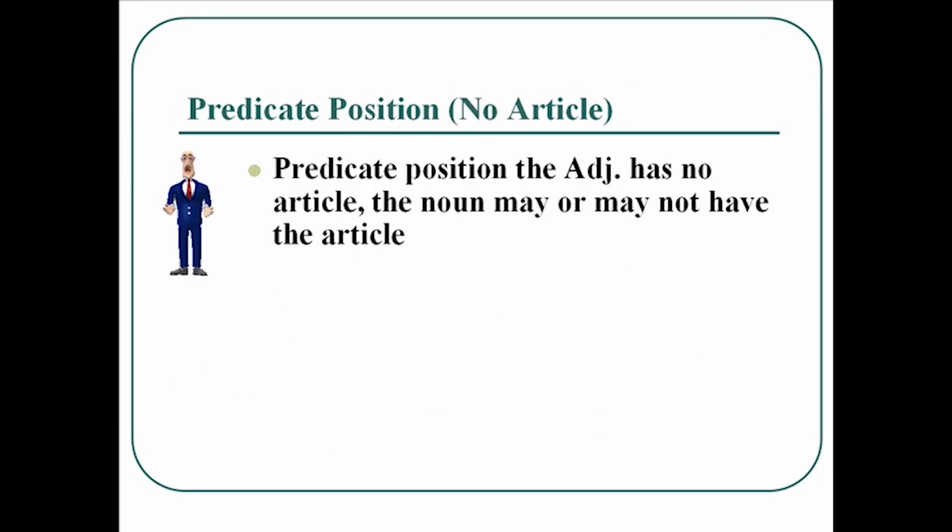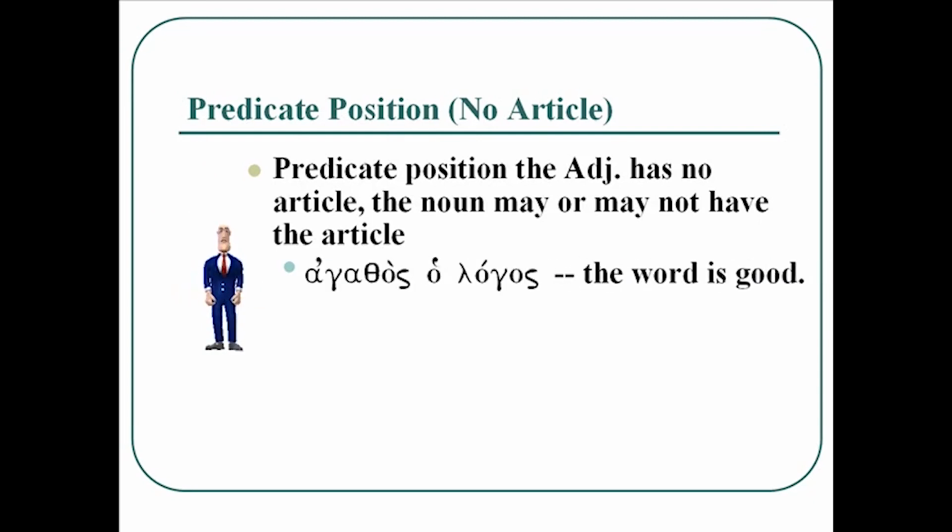Now, the predicate position for the adjective has no article. The noun may or may not have the article. So, for example, you've got agathos ho logos, the word is good. Predicate position is good.